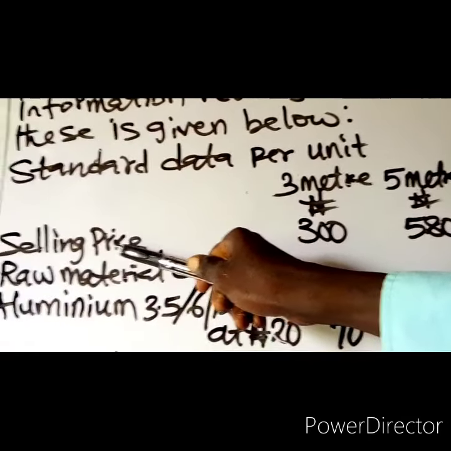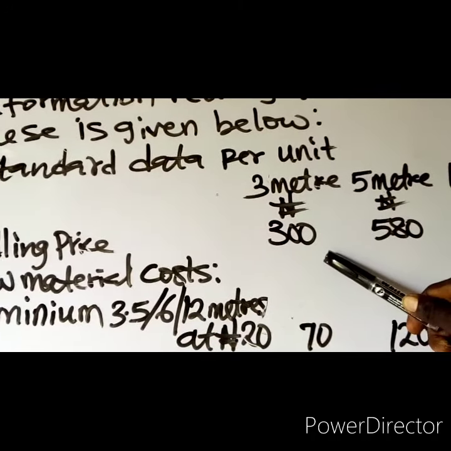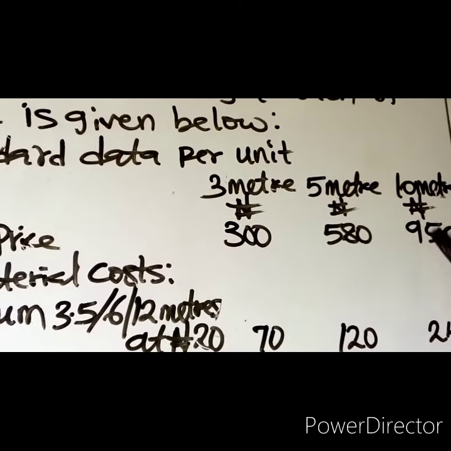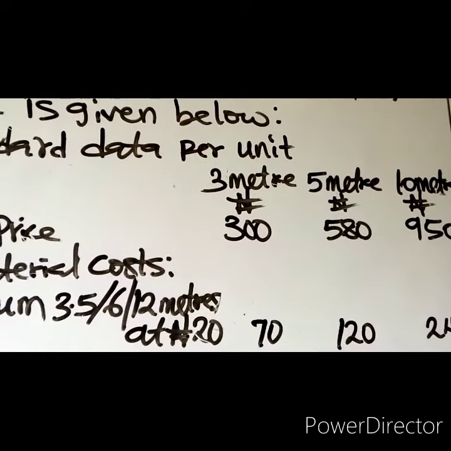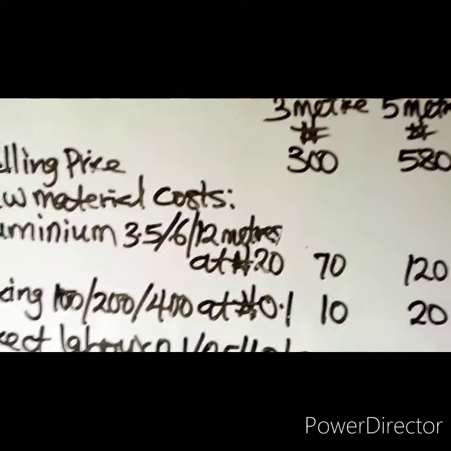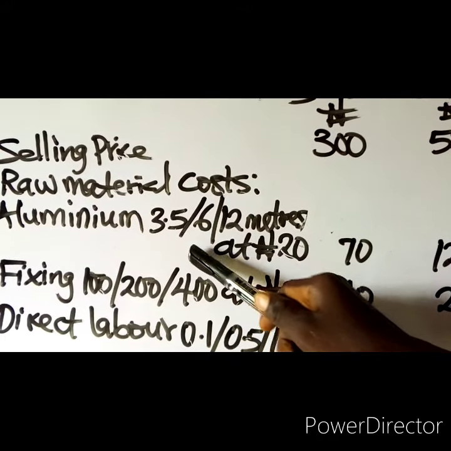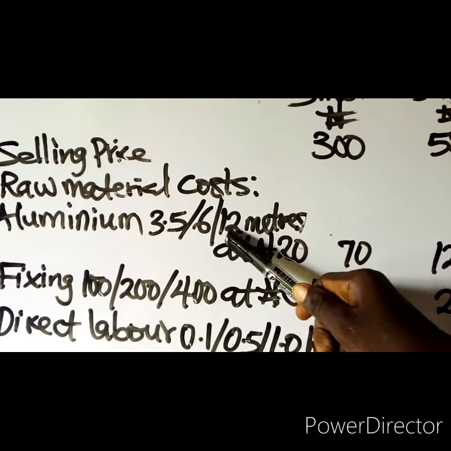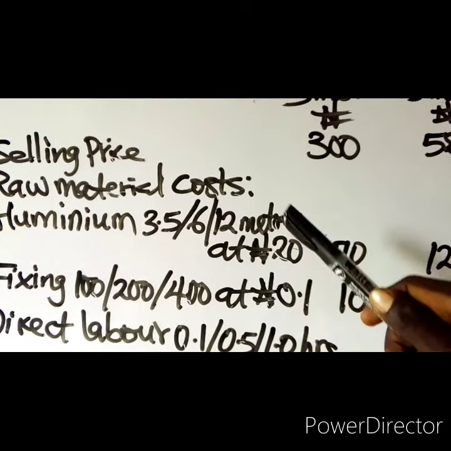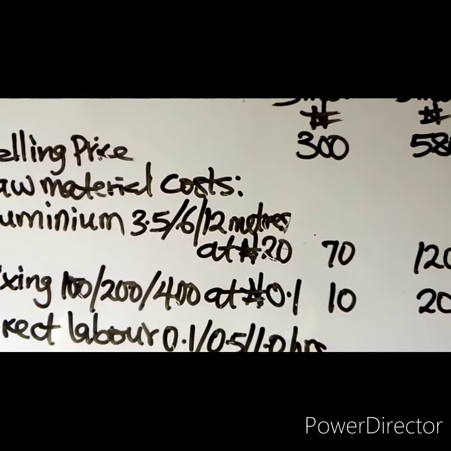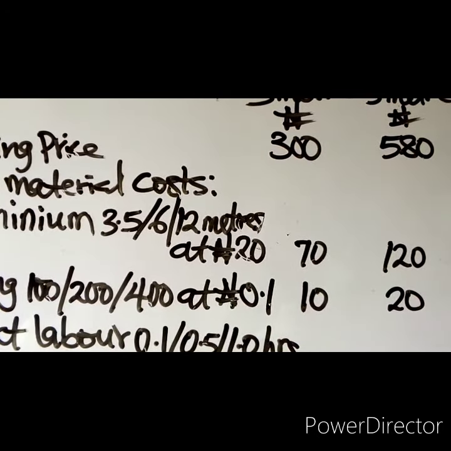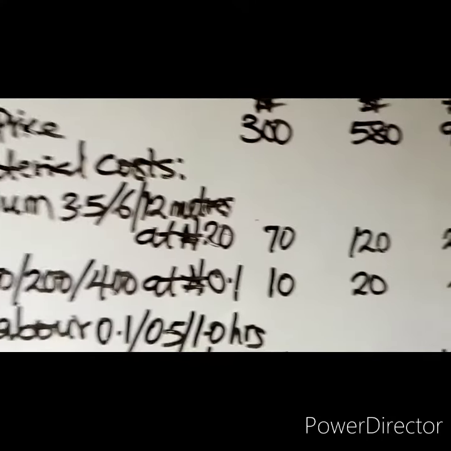Selling price, we have 300, 580 and 950 naira. You are given raw material cost. Aluminium: 3.5, 6 and 12 meters at 20 naira per meter, that is 70, 120 and 240 naira standard cost.